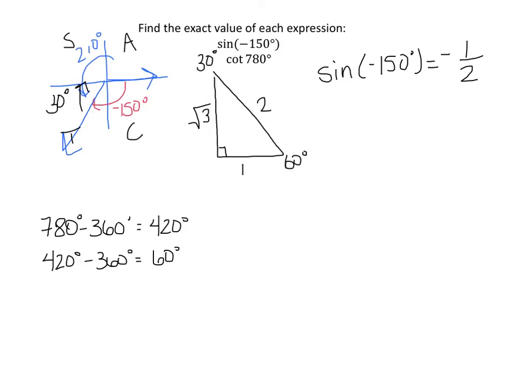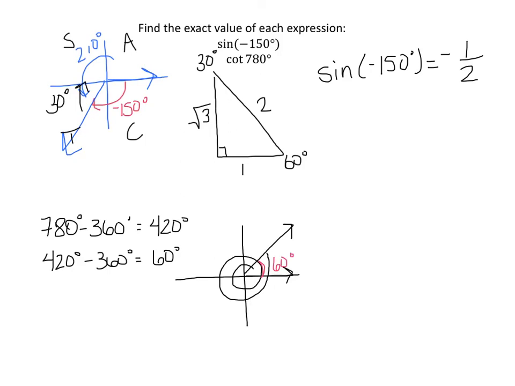If I look at this on the coordinate plane, this is a positive angle that'll wrap around several times. There's 360, there's 720, and it wraps around again and ends up here at 60 degrees.